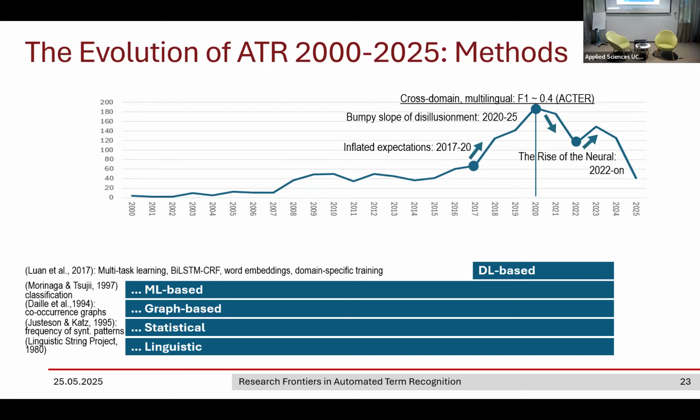And finally, and this is the explanation for the rise of the neural, language model-based methods. The pioneering paper was written in 2020, which used BERT embeddings and domain-specific fine-tuning. And there were some deviations from this pioneering paper, like SciBERT or BioBERT for different domains, for the general scientific domain or for the biology domain.